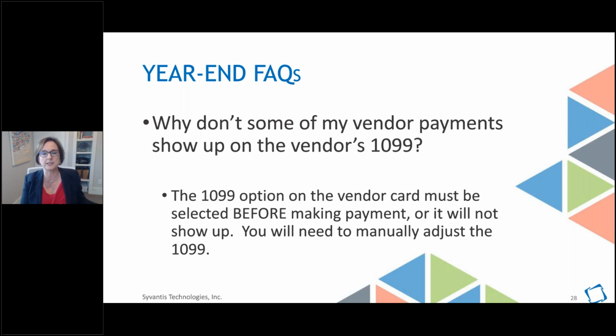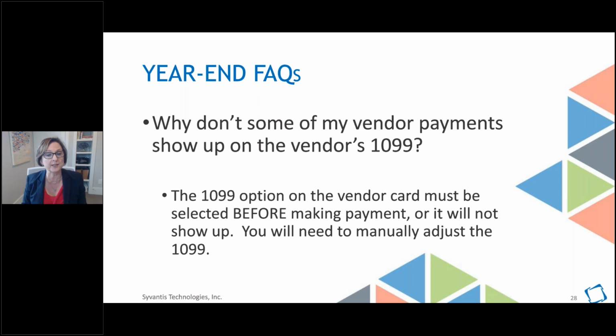When you run the 1099s at the end of the year, it's only going to show what was marked from March through December. It's not going to include the payments for January and February. But you can go in and manually adjust the 1099 to include January and February. This is also a positive, and it's also the case for those of you who eventually go to Business Central, that you control which payments are designated as 1099 payments and which ones are not.